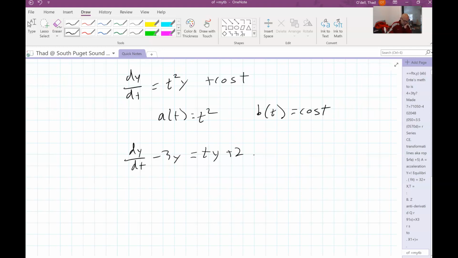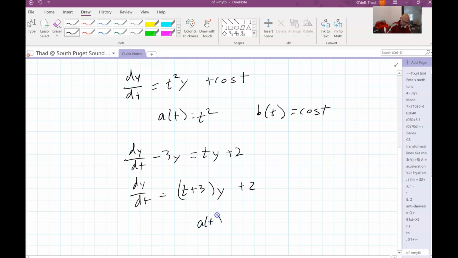But of course we can rewrite this as dy/dt is equal to (t plus 3) times y plus 2, if I add 3y to both sides and factor out the y. So in this case, a of t would be equal to t plus 3, and b of t would be just a simple constant.